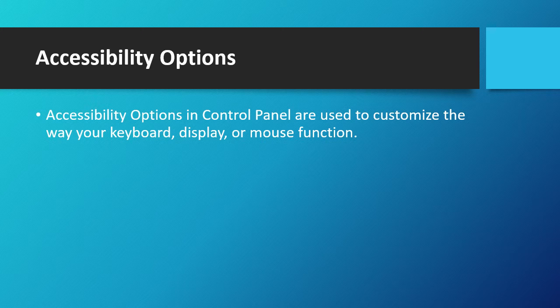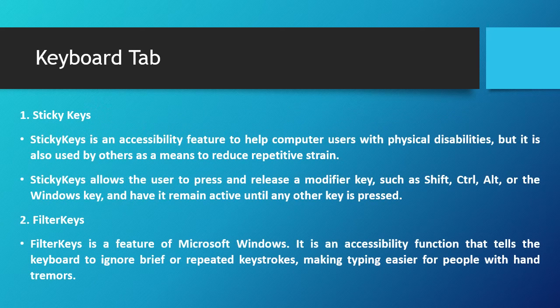Accessibility options. Accessibility options in Control Panel are used to customize the way your keyboard displays or mouse functions. Now, some keyboard tabs. Sticky keys. Sticky keys is an accessibility feature to help computer users with physical disabilities, but it is also used by others as a means to reduce repetitive strain.